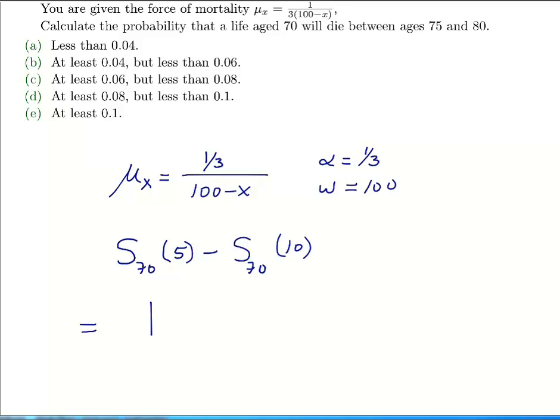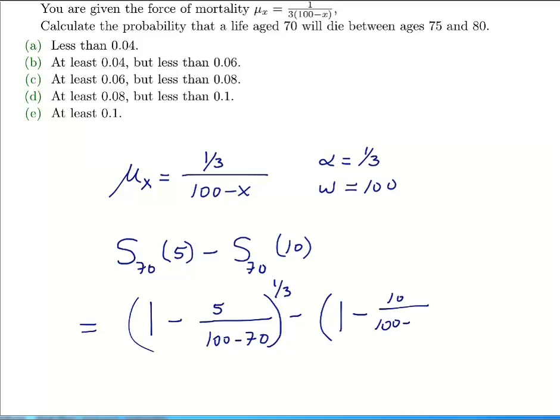We're going to have 1 minus t, which is 5, over 100 minus 70, to the alpha, minus 1 minus t, which is 10 now, over 100 minus 70 to the 1/3, and if you work that out, you get about 0.067, which would be answer C.